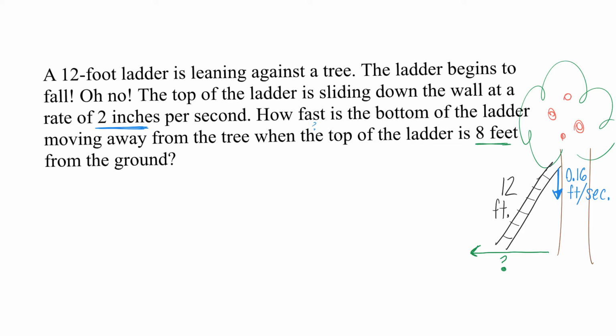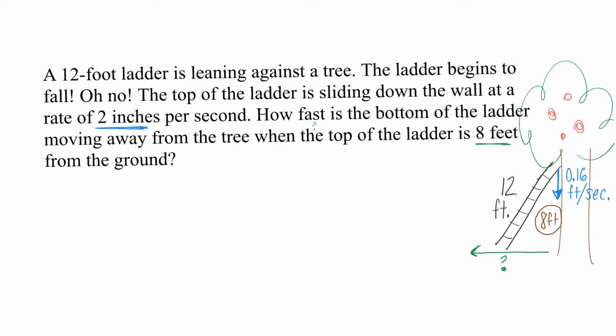The rates are continuously changing, right? The rate at which this side falls is going to impact the rate at which that side moves. So we want to know exactly what's happening, as in a snapshot at 8 feet.